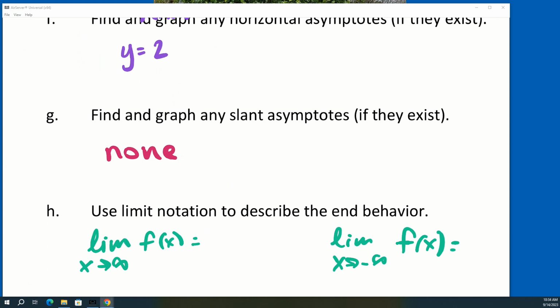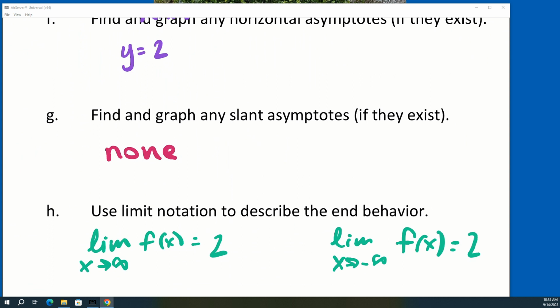So we just said our horizontal asymptote was y equals 2. So what should both of these be? 2. So horizontal asymptote is what the graph gets closer and closer to at the very, very ends of the graph. And so the end behavior is the horizontal asymptote if there is a horizontal asymptote.